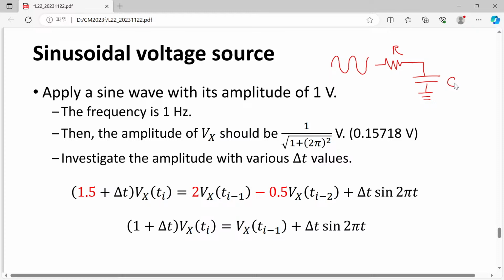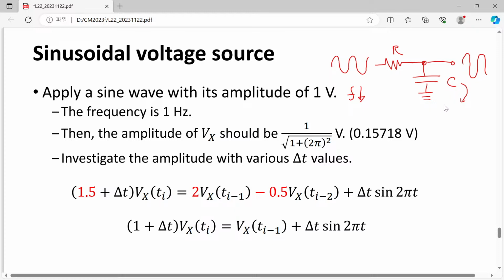The behavior of this system is quite easy. If we apply a quite slow signal which has very low frequency, then in this low frequency case, our capacitor is still working as a disconnected line, so high impedance. So our applied voltage will be just copied into this Vx node, so we will get the same behavior.